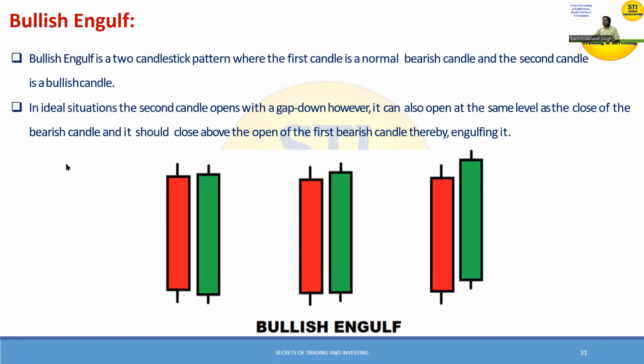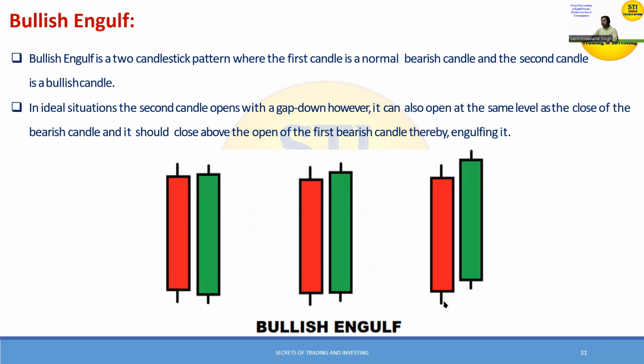The next example of a bullish candlestick pattern is the bullish engulfing, which is again a two-candle formation, where the first one is a bearish red candle and the second is a green candle. There may be three possibilities. The green candle may start at the same level and close above. Or it may start at a little gap up, or at the same level, but close above the previous candle.